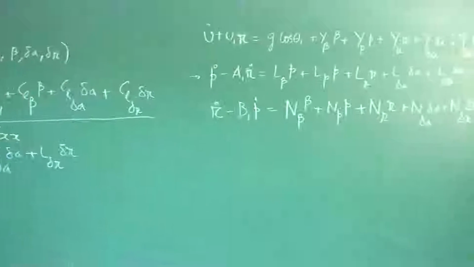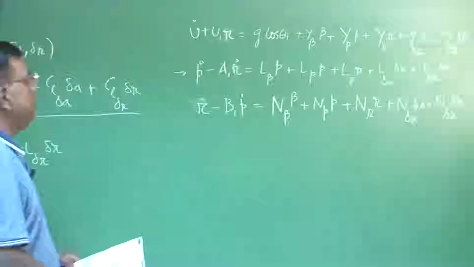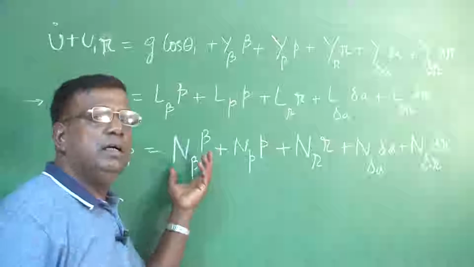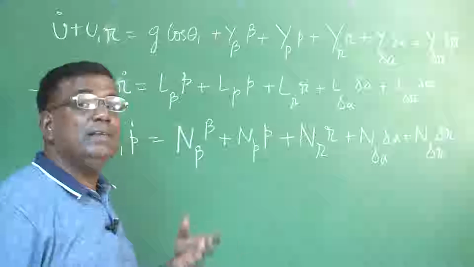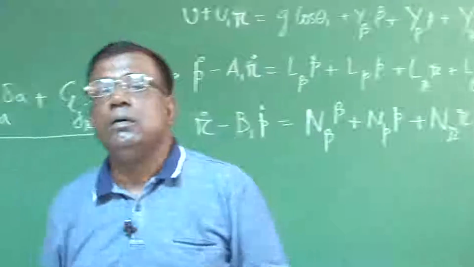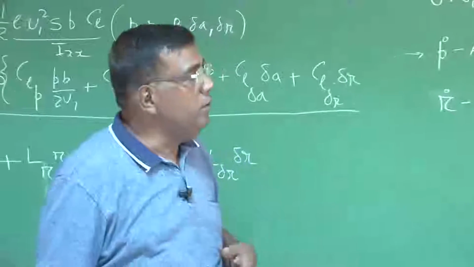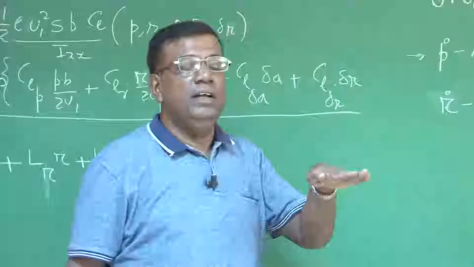Similarly, you can find the third equation. Please, in flight dynamics, equations are fine. You need to know what N beta is, who decides N beta. In N beta there is a Cn beta. What is Cn beta? Cn beta talks about directional stability. Cn beta has to be greater than 0. You also know if I make Cn beta very large positive, then it will become very sensitive to wind.